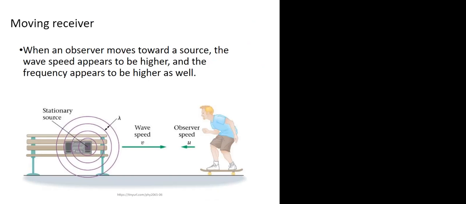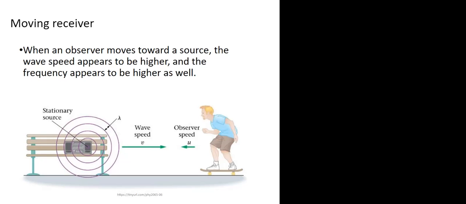Let's say the line here is the peak, in between the line and the middle is the valley, where you will hear minimum. But when the observer hears the maximum here, if the observer is approaching it, then he will hear the peaks more frequently than when stationary.